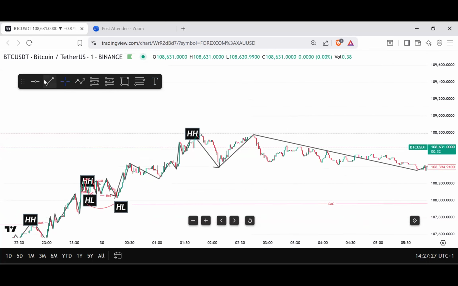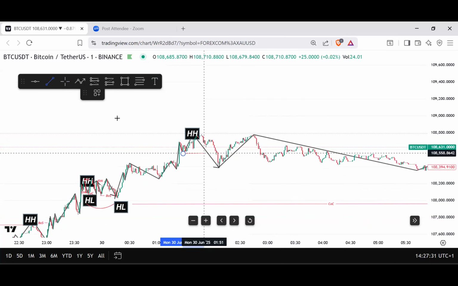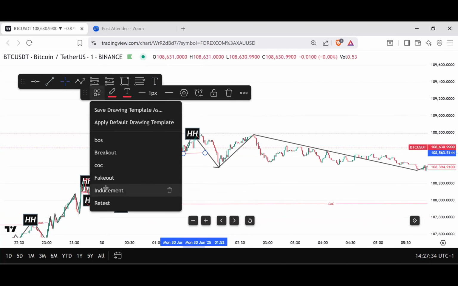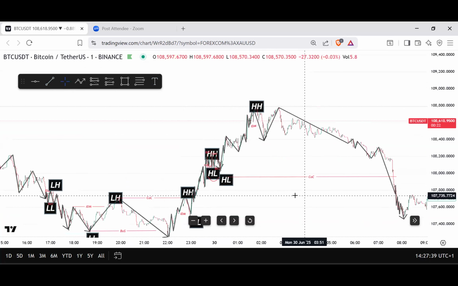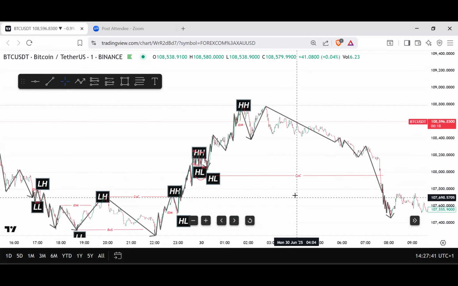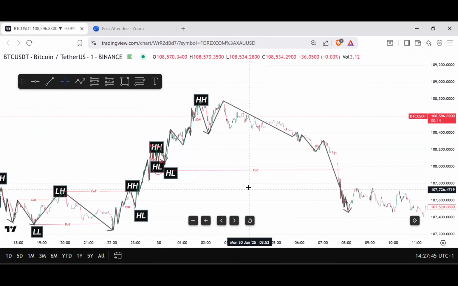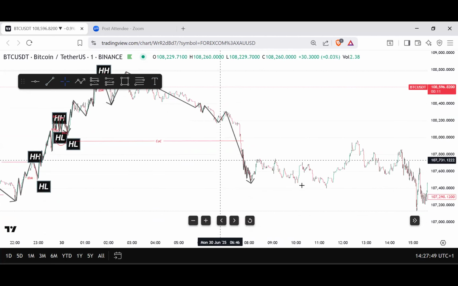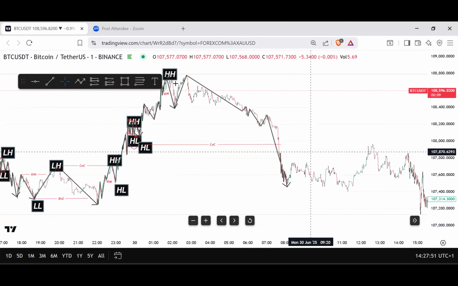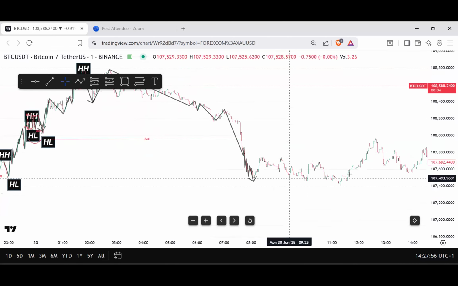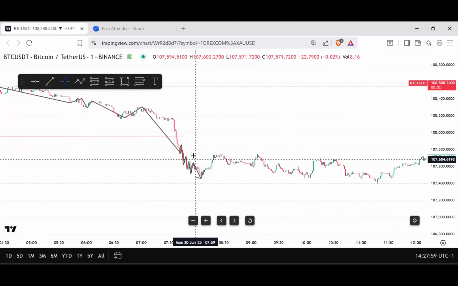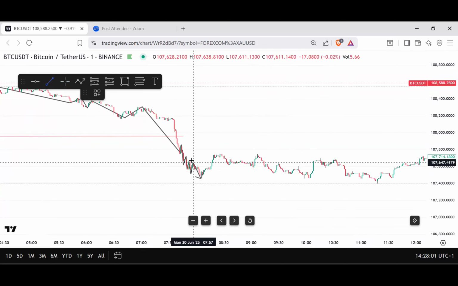This was inducement. In this scenario, there is no more higher low because the trend is changing now. So the impulsive move came from up here and ended here, because correction here now, inducement here.